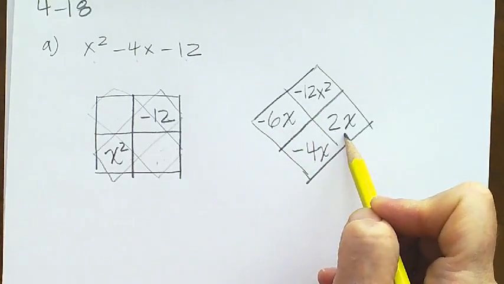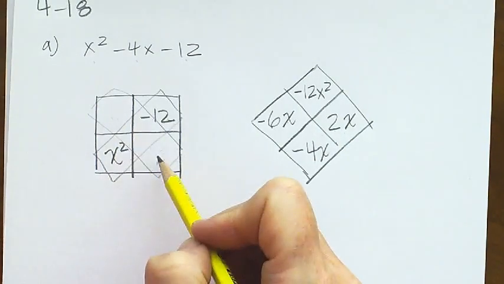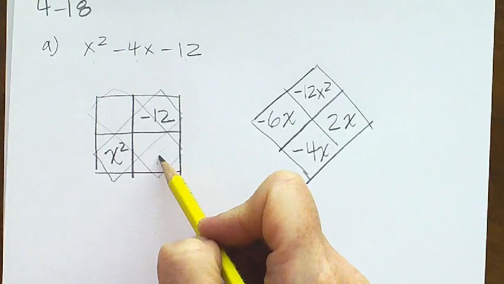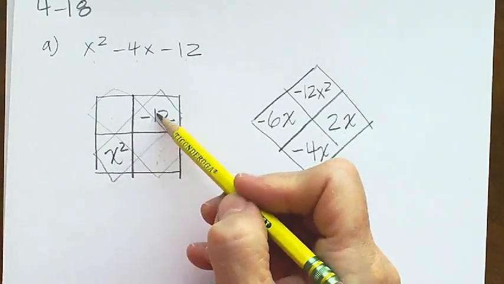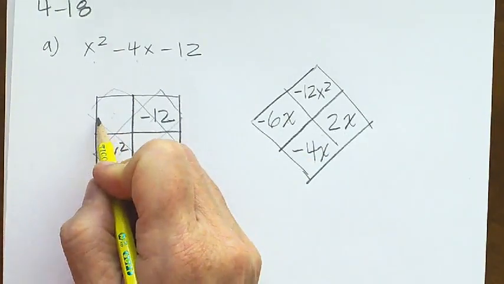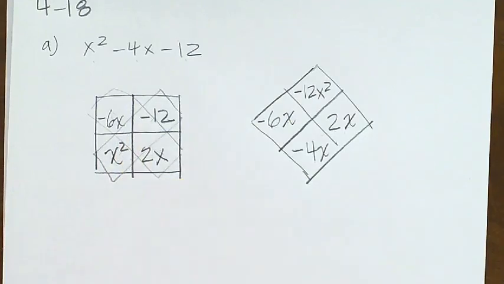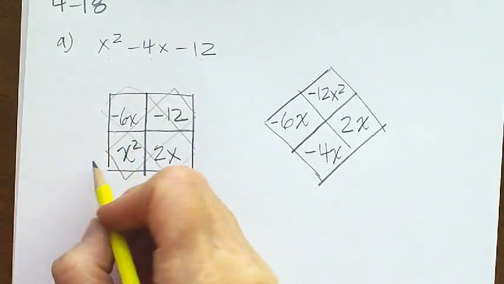So there we go. We just used the diamond to figure out what tiles are going here and here, and we also used the pattern that we knew that this product would be the same as this product. It really doesn't matter which one I put the -6x in or which one 2x goes in. And then from there I'm just finding the length and width.